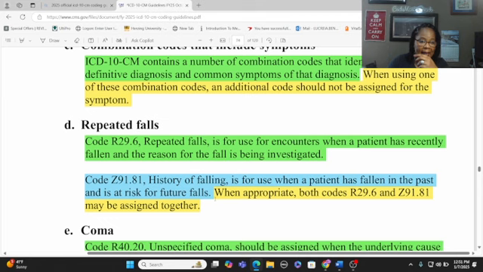A lot of times they have fall warnings on patient beds for patients that tend to fall. And so this is when that Z91.81, this patient has a history of falling. And in addition, when it's appropriate, both codes, the repeated falls and the history of, can be assigned together.